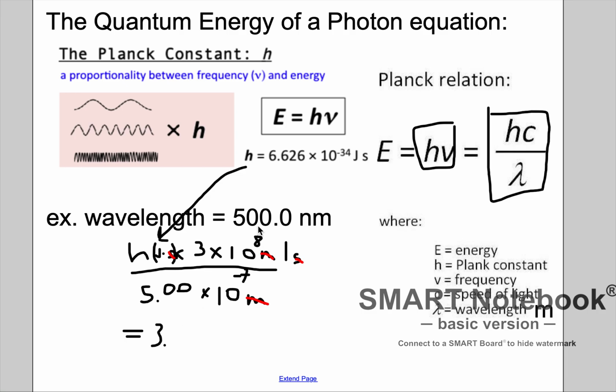I have 4 sig figs, so I'll go 3.976 times 10 to the negative 19 joules. There, so we quantized that tiny little photon that had this wavelength.